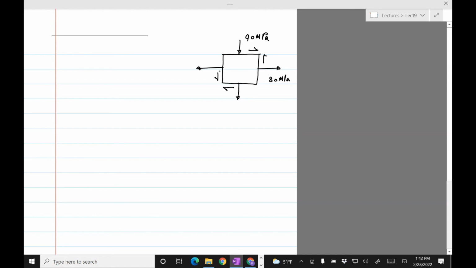And then the shear stress is 25 MPa. Okay, so that's our stress element.